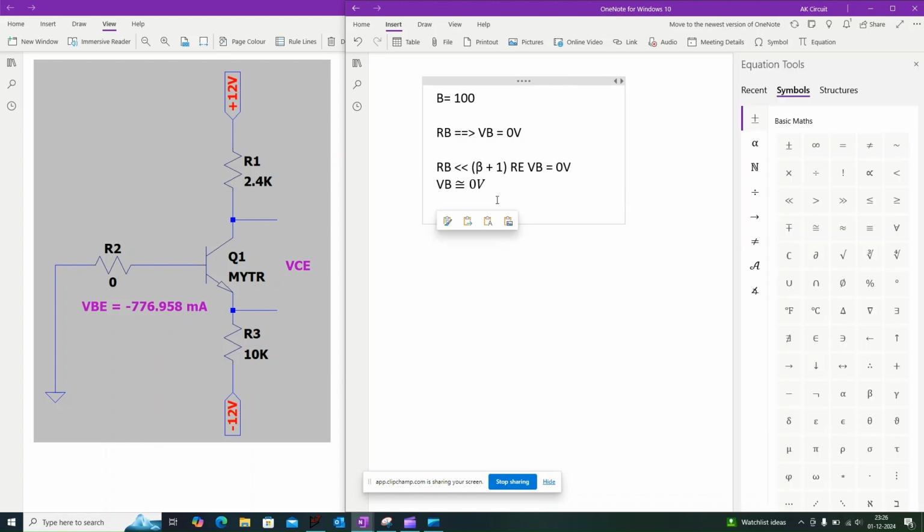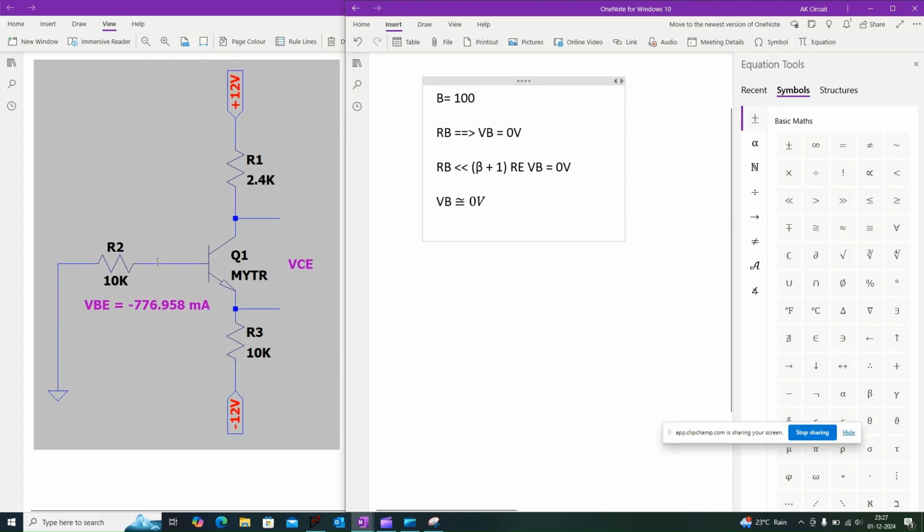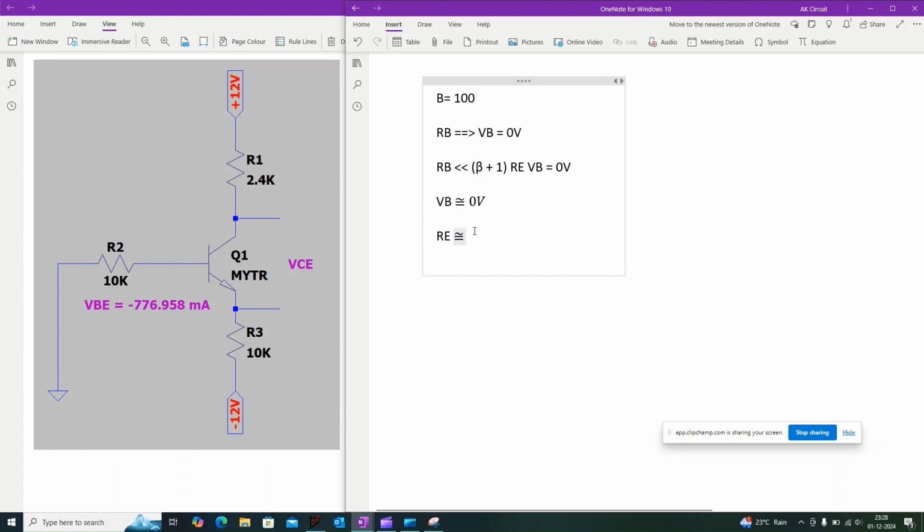Here the base resistance is 10 kilo ohm, so the emitter resistance RE is approximately equal to 100 times 10 kilo ohm because the current gain is 100, which is equal to 1 mega ohm. By considering this, we can tell base resistance RB is much lesser than the emitter resistance RE. So let us consider VB is equal to 0 volt.